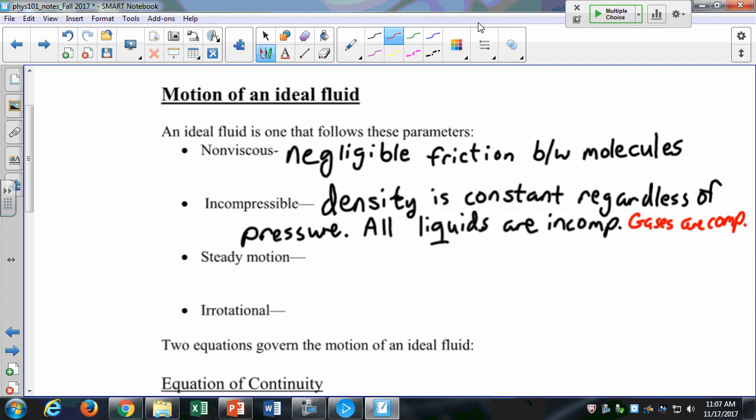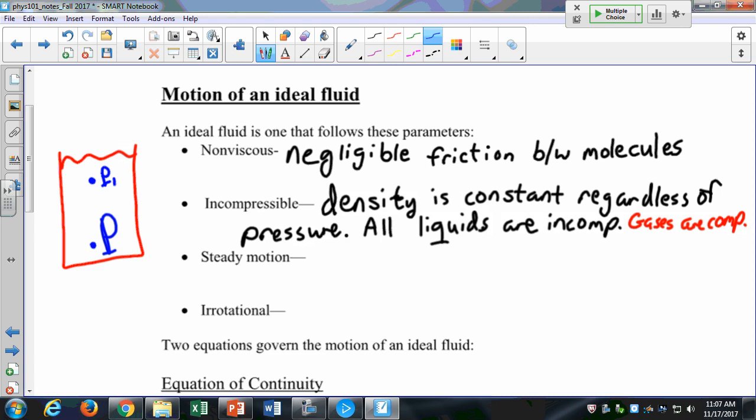This means that, for example, if I have a container of a liquid, though the pressure at this point is small, P1, and the pressure down at this point is big, right? Because P is equal to rho g h. As I go to a deeper depth, the pressure gets bigger and bigger.